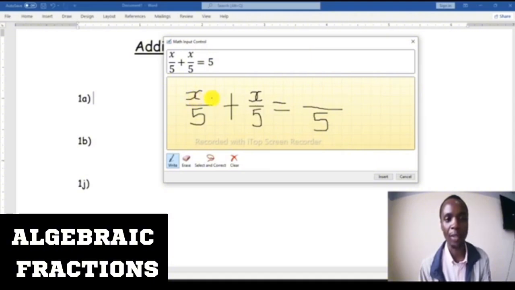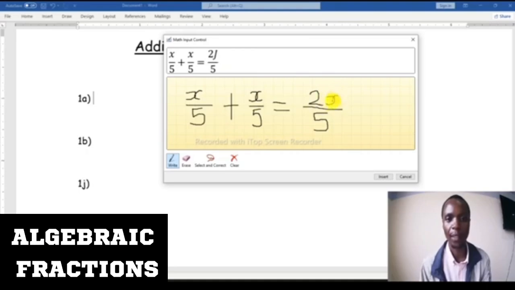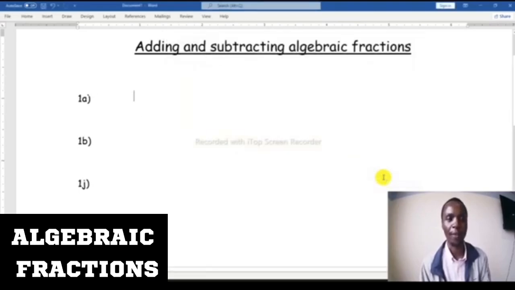Our numerator is going to be x plus x, or 1x plus 1x, which gives us 2x. So x over 5 plus x over 5 is equal to 2x over 5.